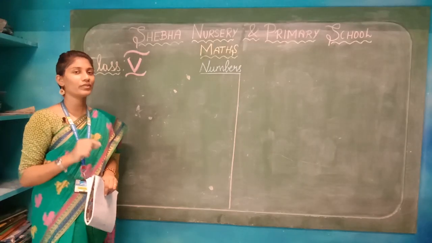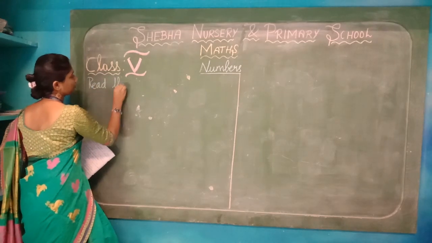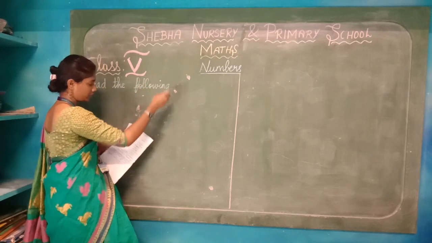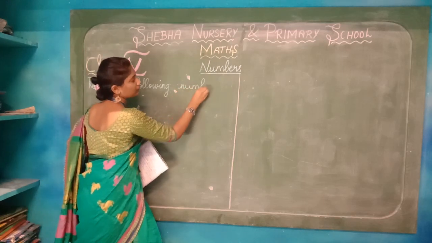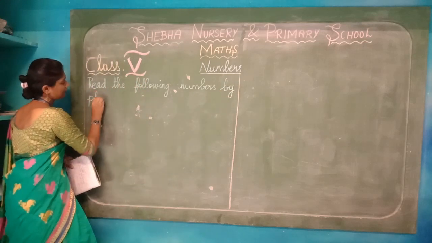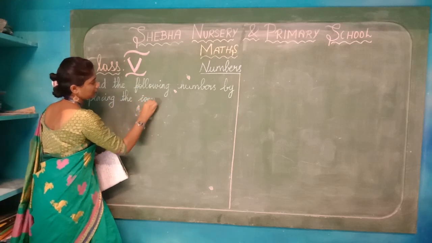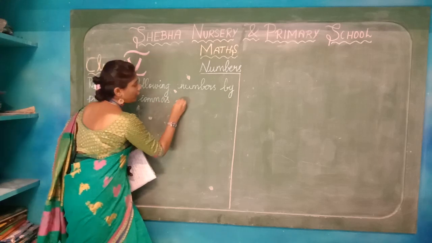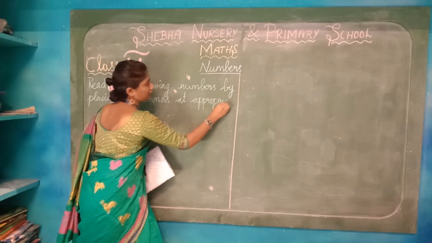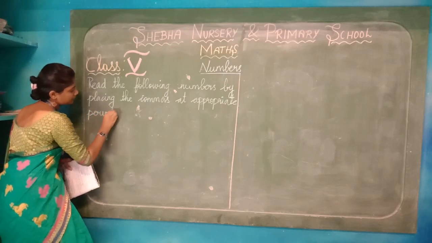Okay children, move to the next topic. Read the following numbers by placing the commas at appropriate periods and write their names.